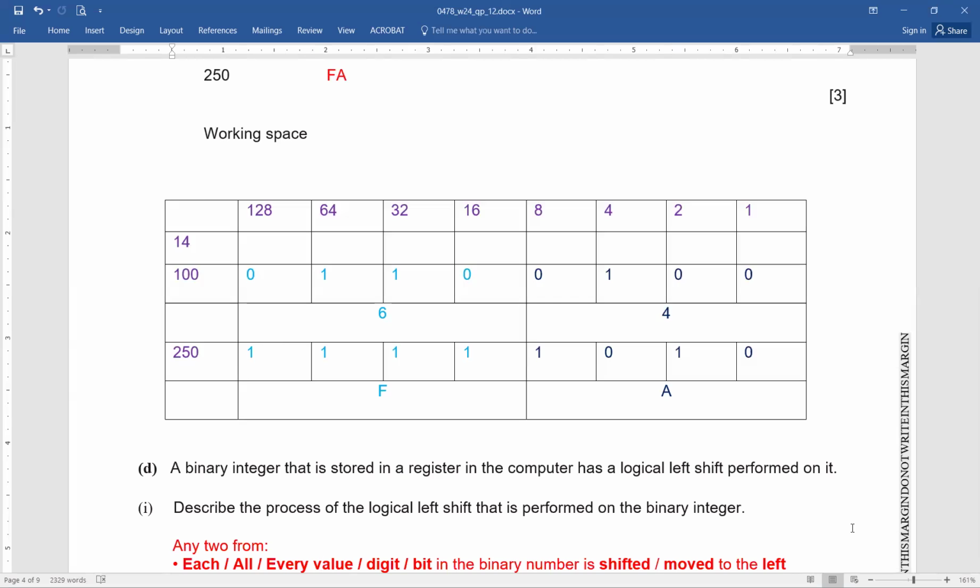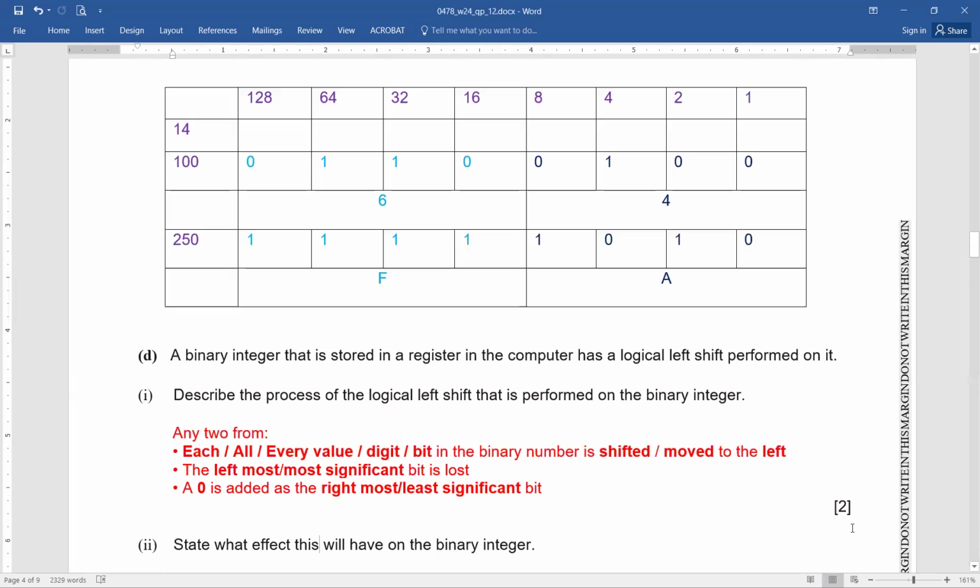I mean, we all know how we do it, but here we have to explain it just like you are explaining to a student or maybe a friend of yours. Just keep this in mind, and you will be able to score 2 out of 2 if you have written the right description.